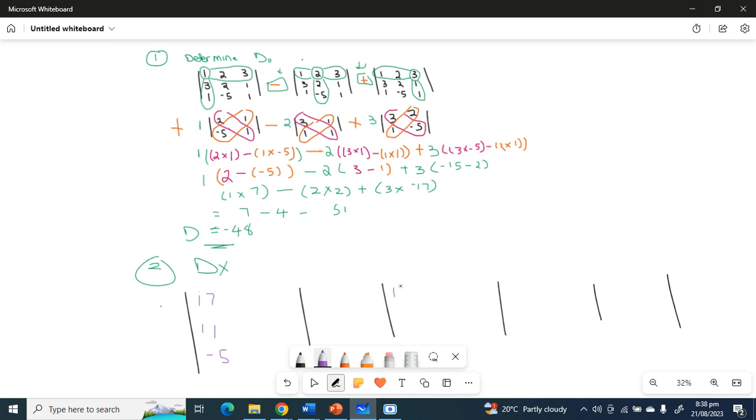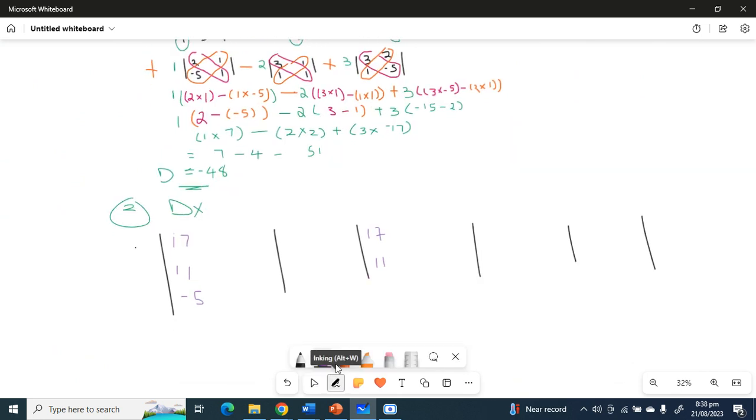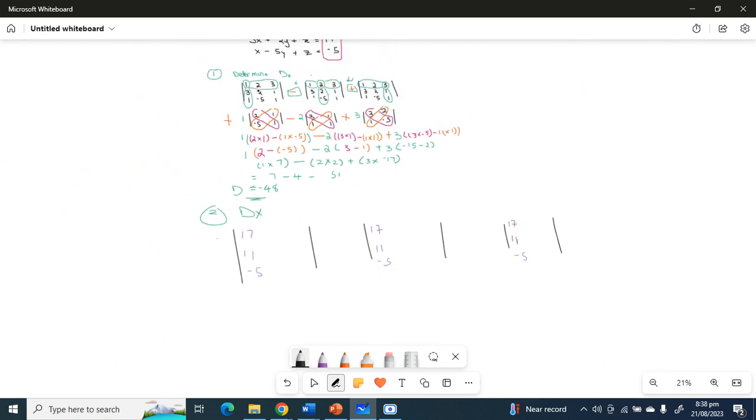Then here 17, 11, and negative 5. Same here, 17, 11, and negative 5. Then the remainder of the matrix stays the same. So it was 2, 2, here was a 2, 2, negative 5, 3, 1, 1.